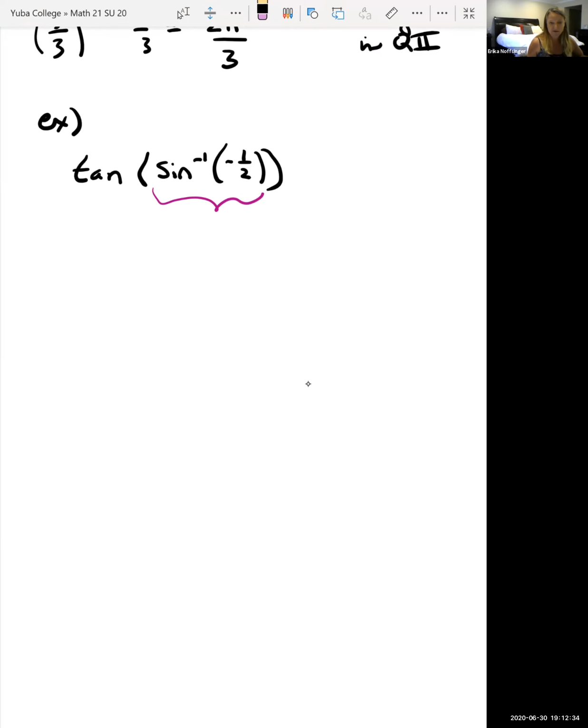We know that that value has to lie between -pi halves and pi halves. Sine of 30 degrees or pi sixths gives us +1/2. So we're going to have to subtract pi sixths from 0. So this gives us tangent of -pi sixths.